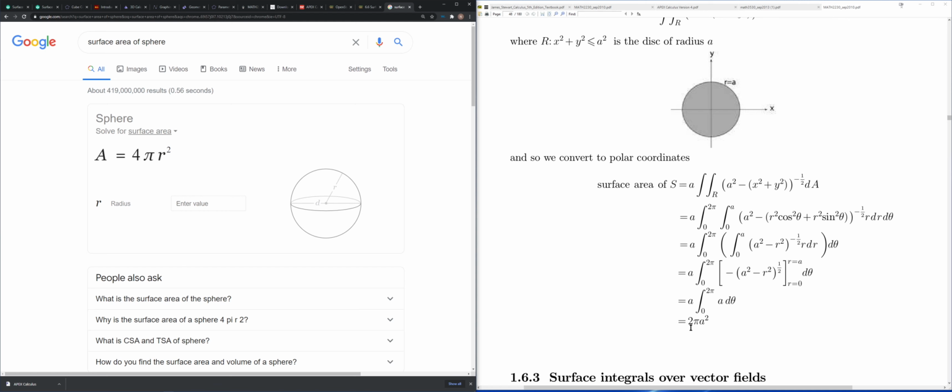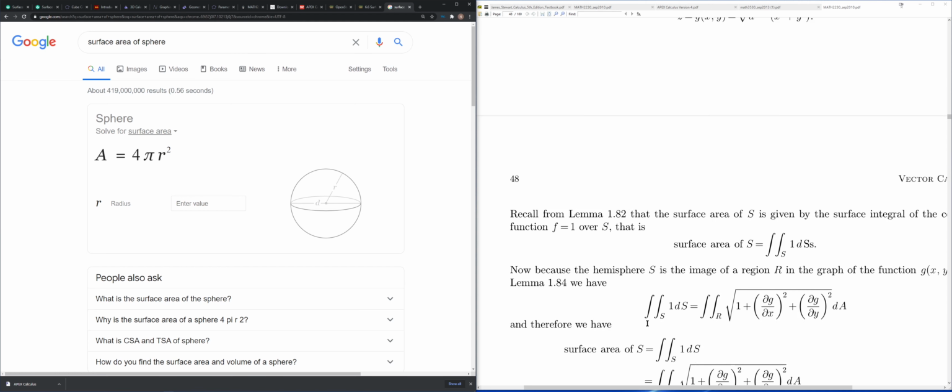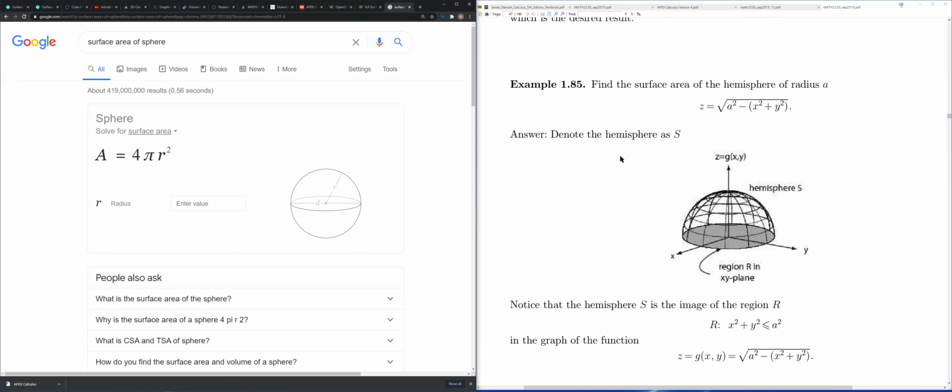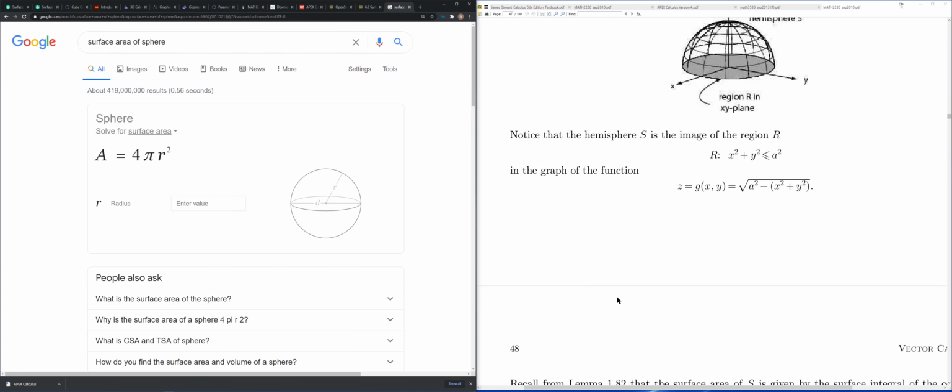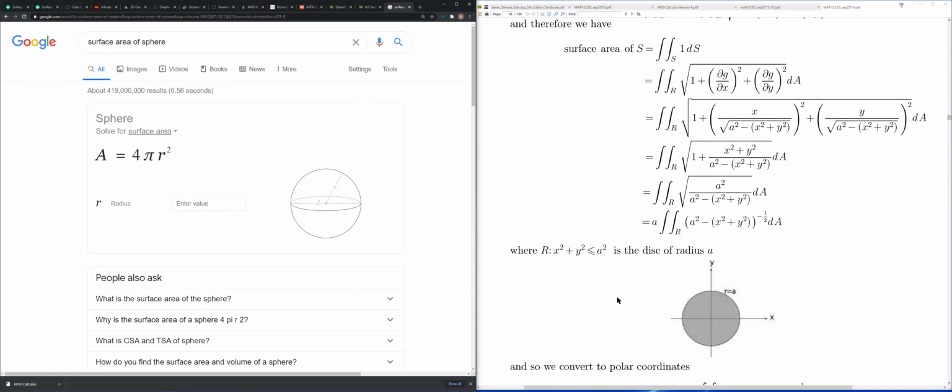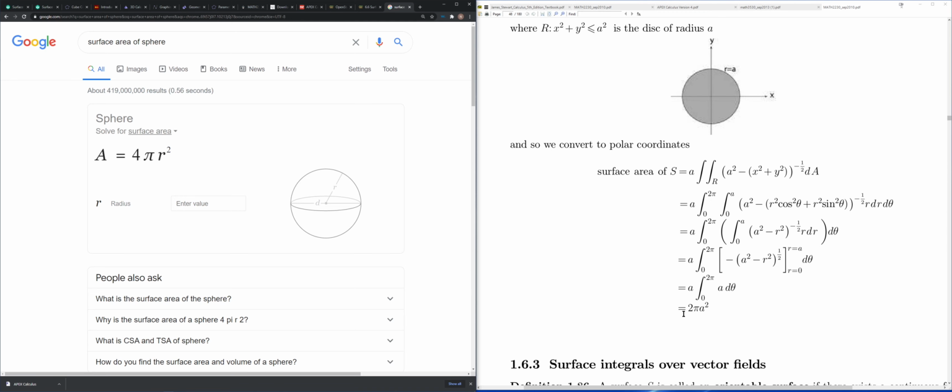But over here what I have is 2 pi a squared. Remember what I was doing: I was calculating the surface area of just this top hemisphere. So the surface area that I'm calculating is in fact going to be half of the surface area of the entire sphere, and half of 4 pi a squared is this 2 pi a squared, which I get as an answer.